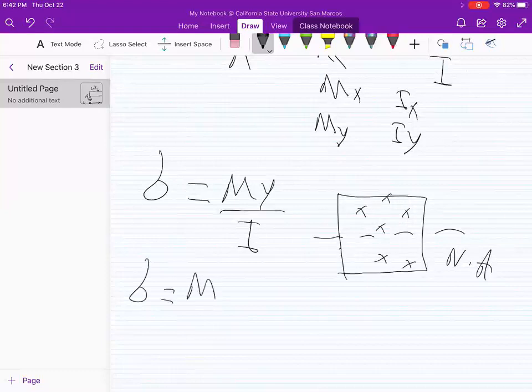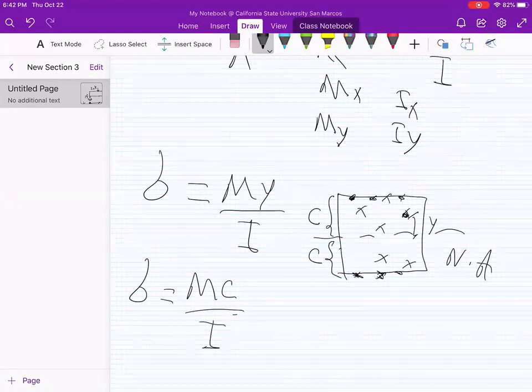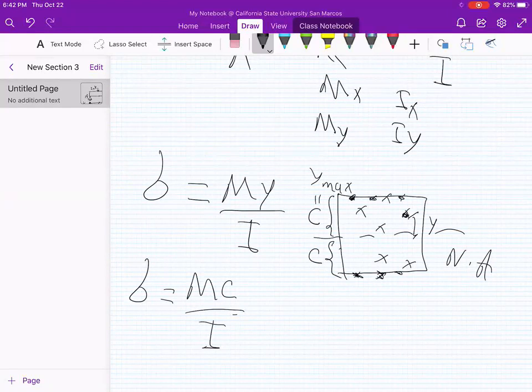Once I wrote C, the only difference is C is the point just at the edges. This point I showed is C, but an arbitrary point would be y. If we want to find the stress at a point, maybe we said y equals 1 inch. If I want to find the stress at the edge, instead of y I write C, which means the maximum y, the y max. C would be y max. Does it make sense to you? Yeah, thank you. Yeah, the formula is the same.